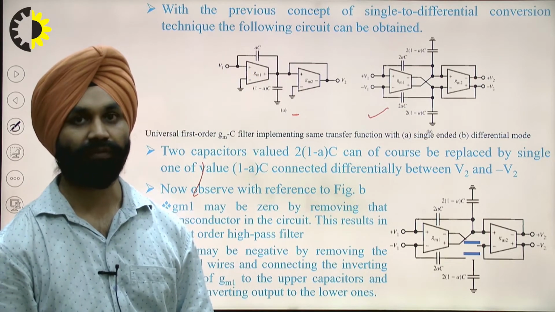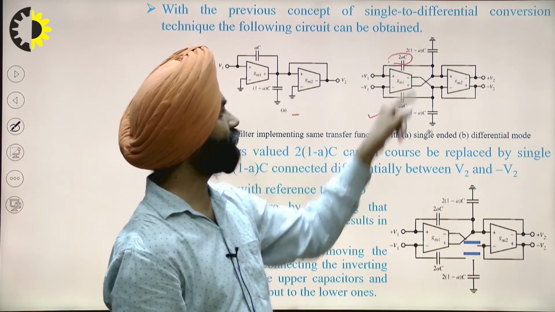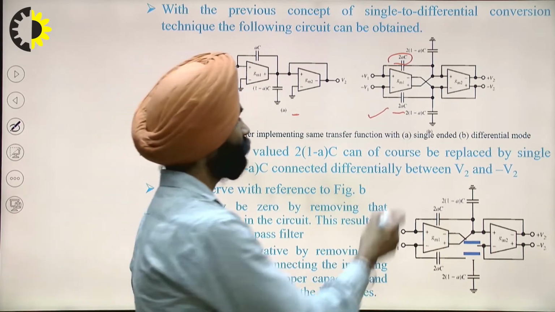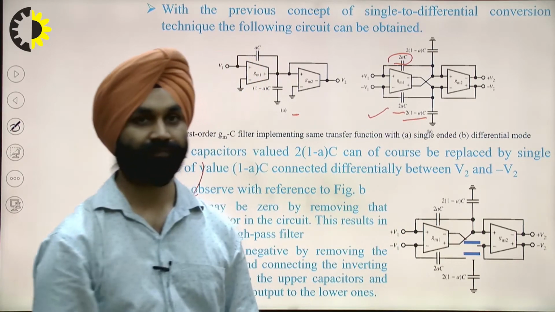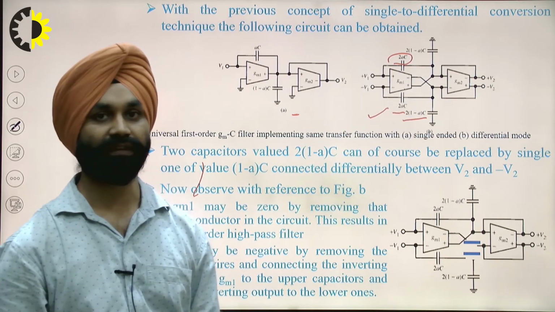first order filter. So here the capacitor values are 2AC and 2(1 minus A)C, and all the polarities are changed and merged, so plus and minus signals are there.